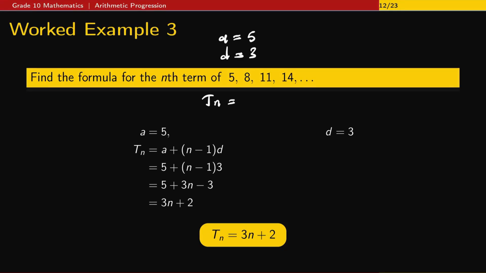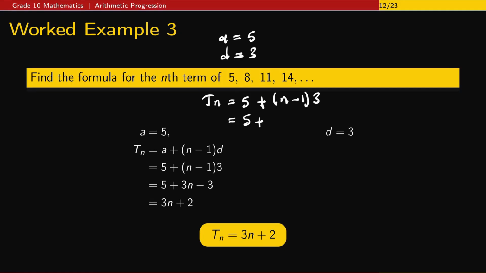So I write again here, Tn is equal to, the first term is a, so I write 5, right, plus, then open parenthesis, n minus 1. I'm not putting anything for n because they just said the nth term. So d is 3.